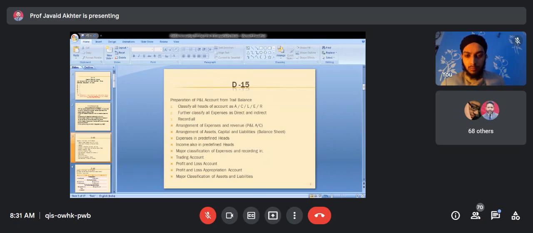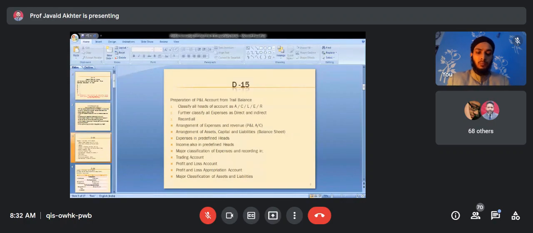When I say predefined head, when we come to the company's accounts, there are schedules prescribed by the government, prescribed by the law enforcement agencies, that all expenses will be classified in these predefined heads, such as establishment expenses. Now in the establishment, you will include salaries, you will include wages, you will include this, and they have been classified. Similarly, for assets, they have prescribed the classification.